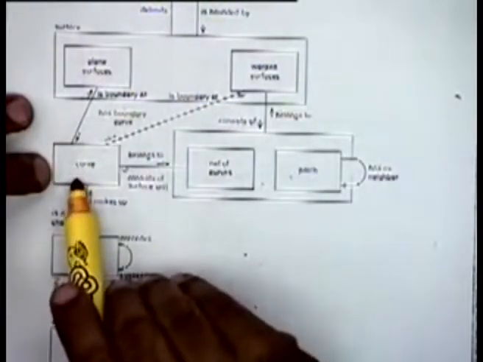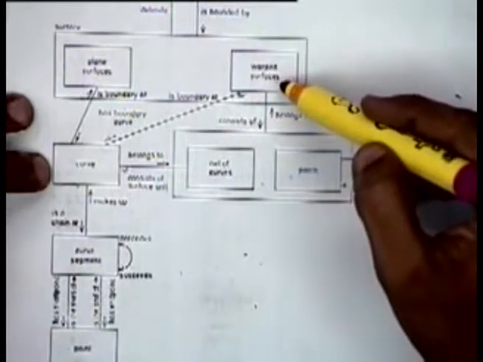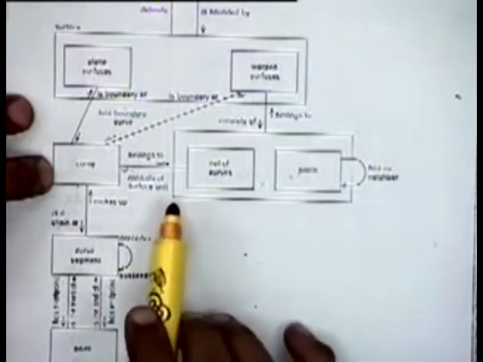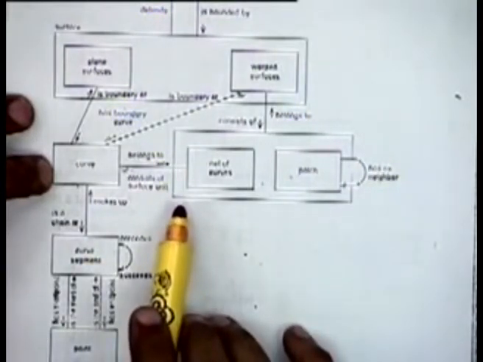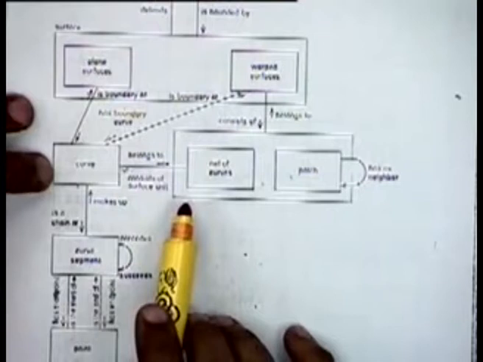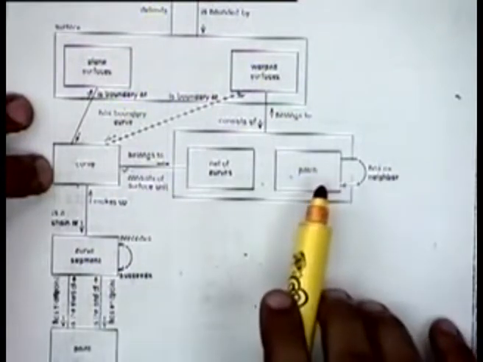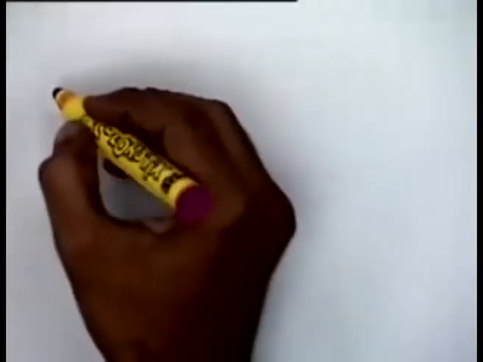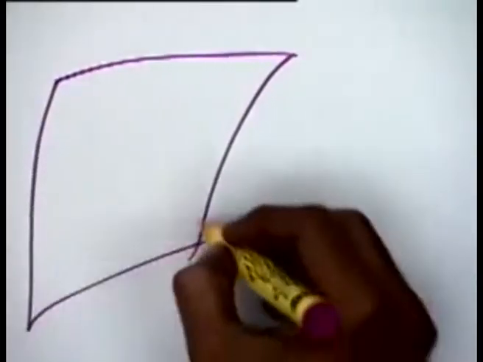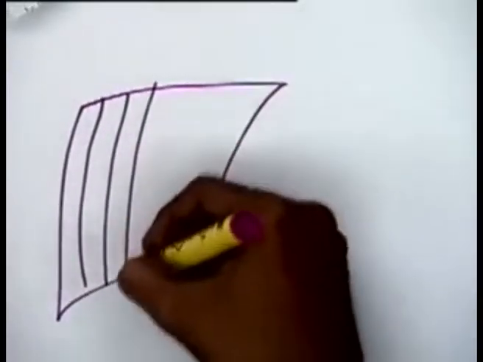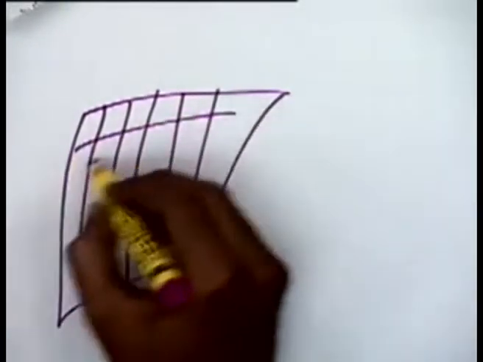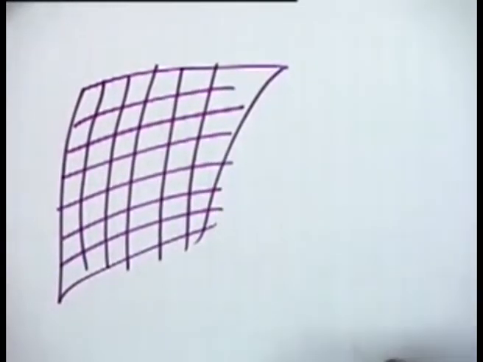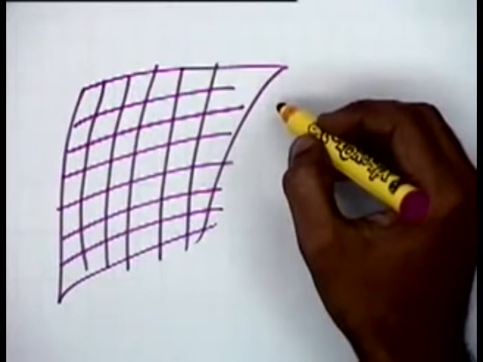So a curve can be a boundary for a warped surface, or it can be a boundary of a plane surface. We can also have a family of curves which define a surface, a network of curves or a set of curves. For instance, if we take a set of curves like this, we say this is a family of curves.